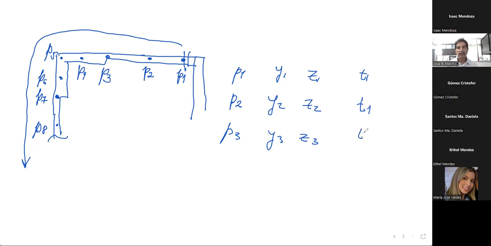So the value of the thickness is the same. Then comes the change. In point 4, from here to here, the thickness has changed. So you give Y4, Z4, and the thickness is a new value. Here you have thickness T1, and here you have thickness T2.